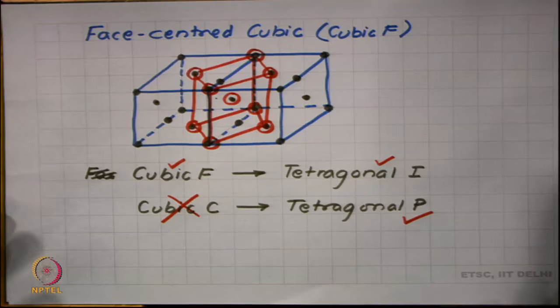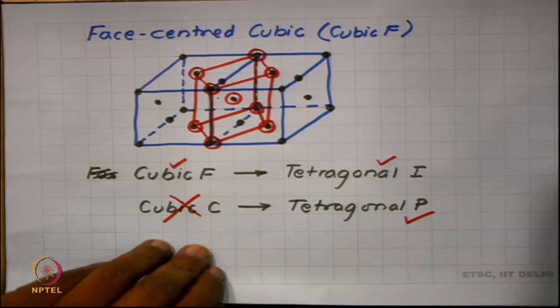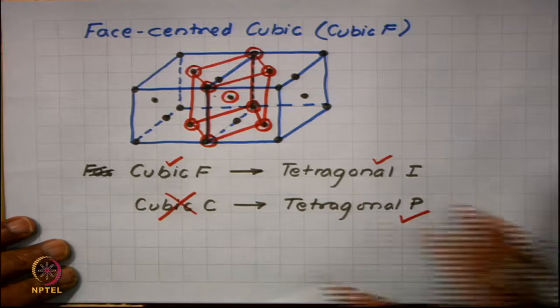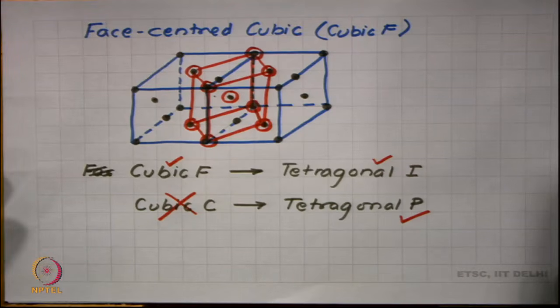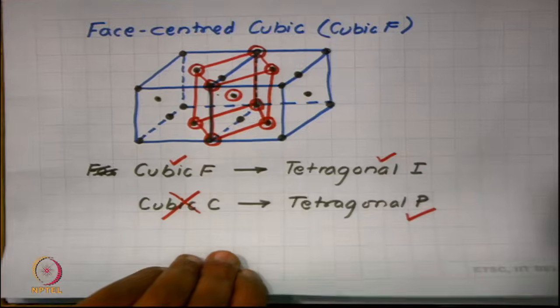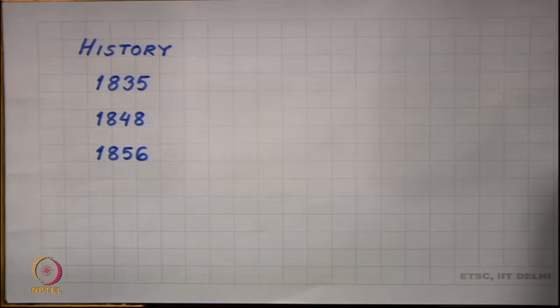This is a very important and deep question, which brings us to the basic definition or basic classification of crystal systems and Bravais lattices. If we can reduce cubic F to tetragonal I, we will reduce the number of Bravais lattices to 13. So, has Bravais overcounted? This kind of overcounting is not unknown in history.